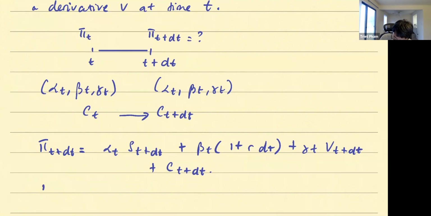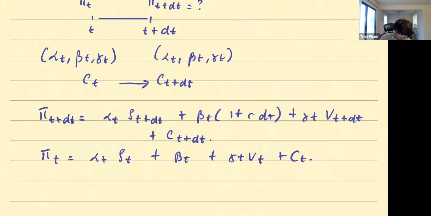So Pi t, the portfolio value at time t, will be alpha t S t plus beta t plus gamma t V t plus C t. So in other words, the change in the portfolio value will be alpha t times S t plus the change in the stock.